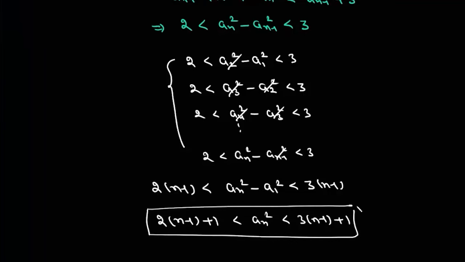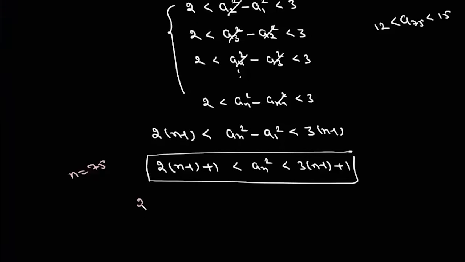Now it says we need to prove that A75 will lie between 12 and 15. So what we'll do is we'll put the value of n as 75. So we'll put n equals 75. So this is 2 into 74 plus 1 will be less than A75 square, and will be less than 3 into 74 plus 1.